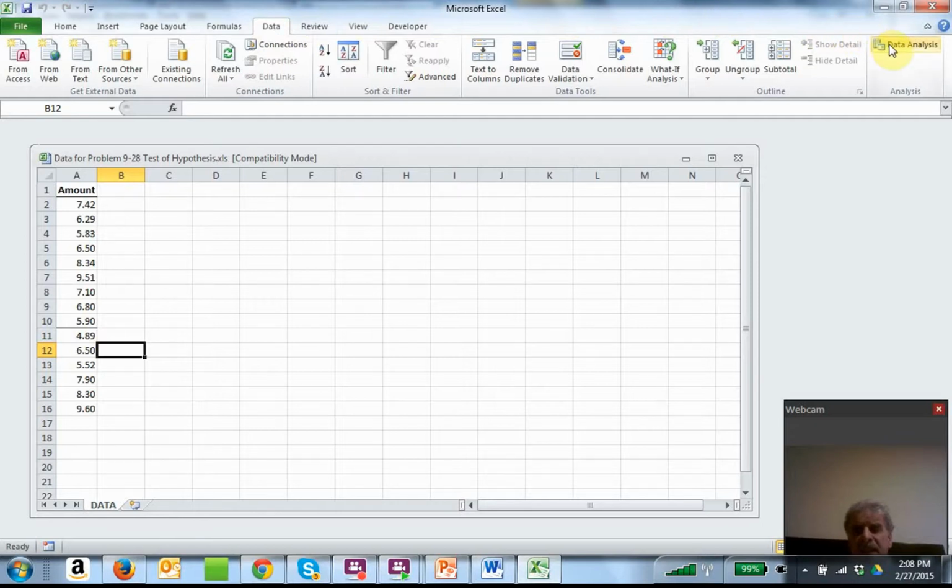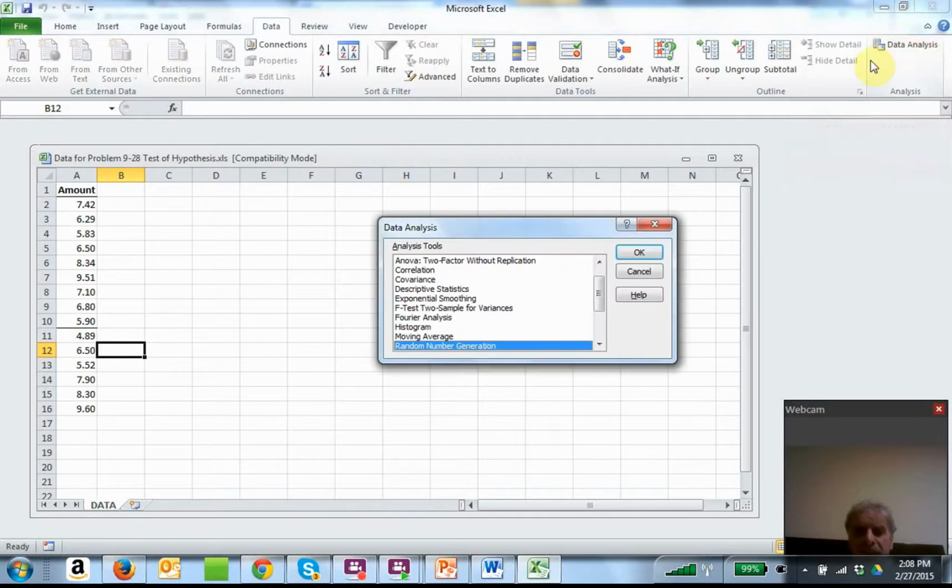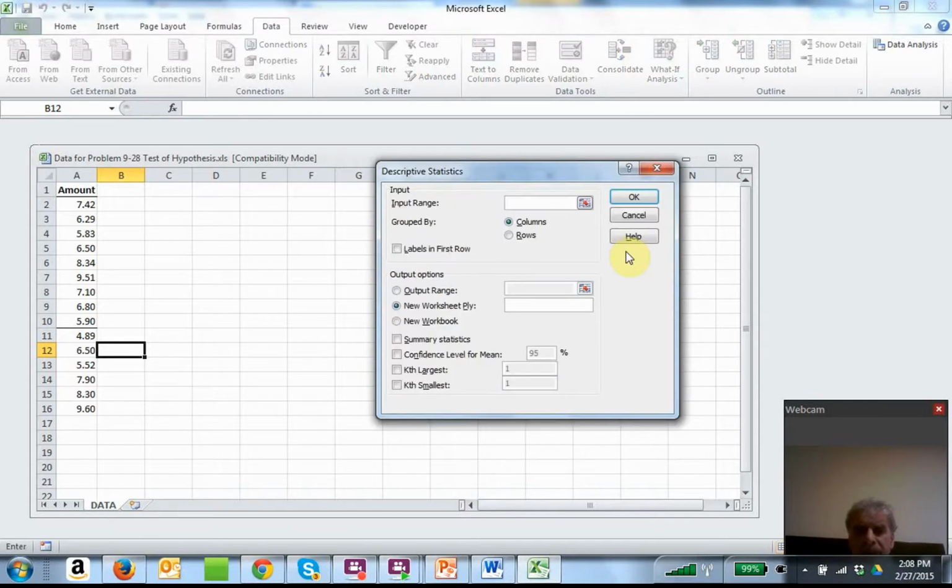As long as it is active, I can use it to determine the sample mean and the sample standard deviation. Let me activate that. I'm going to go to Descriptive Statistics and see what I need.